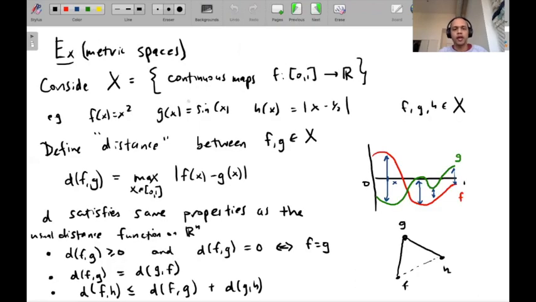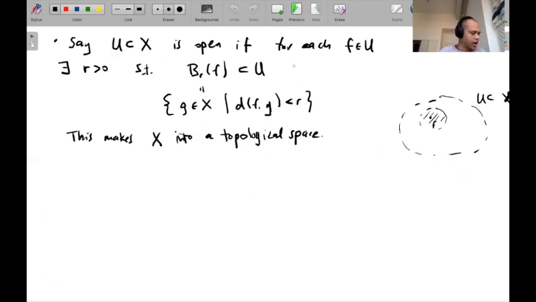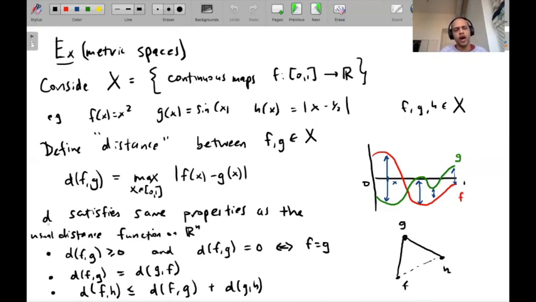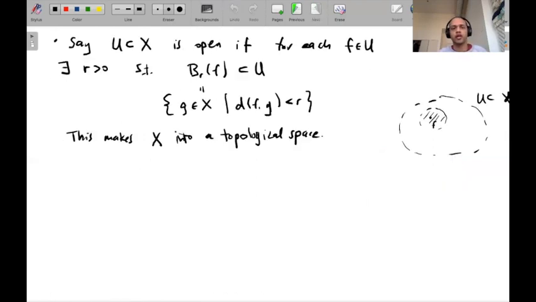Okay, so the space of continuous functions on [0,1] can be thought of as a topological space in this way. And in general, there's a general construction that if you have a function D which satisfies these properties here, then you can form a topological space by defining open sets precisely in this way.